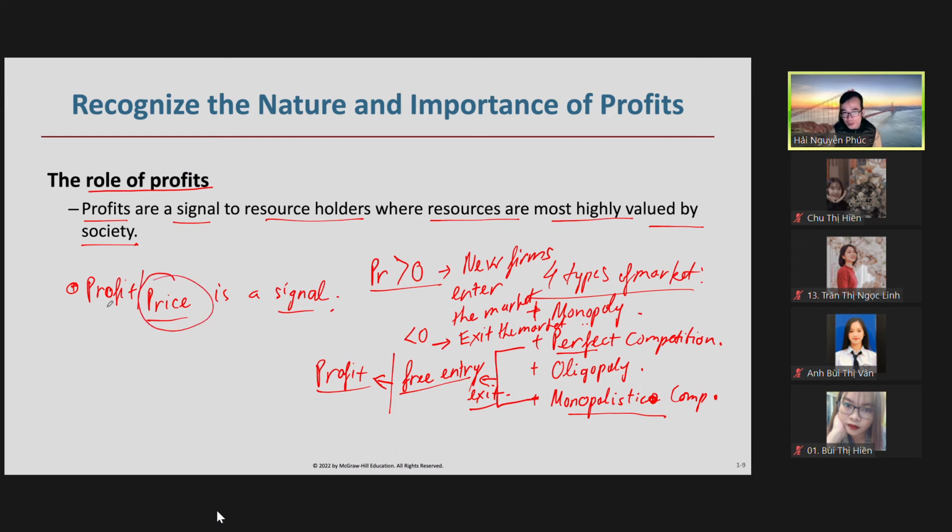Because price is more observable than the profit of the firms. Do you understand this point? You can easily observe the price when you make a decision. So price is a signal for everyone to allocate resources in the economy.